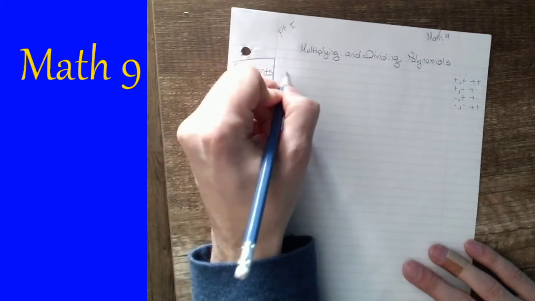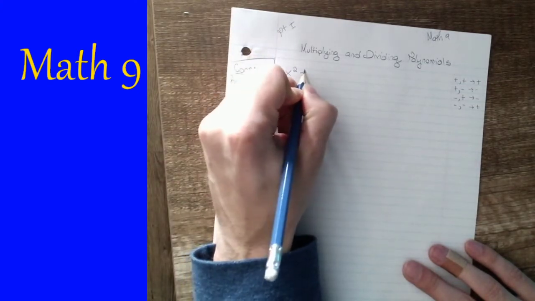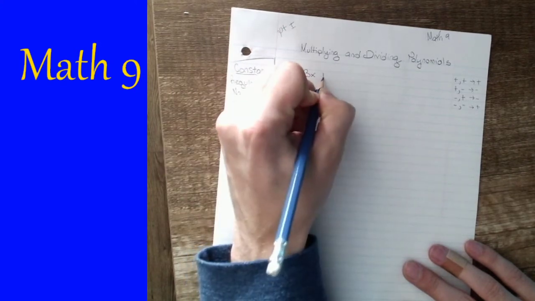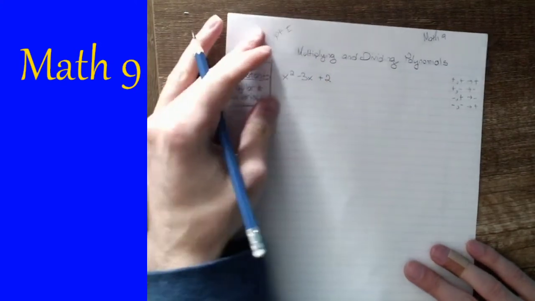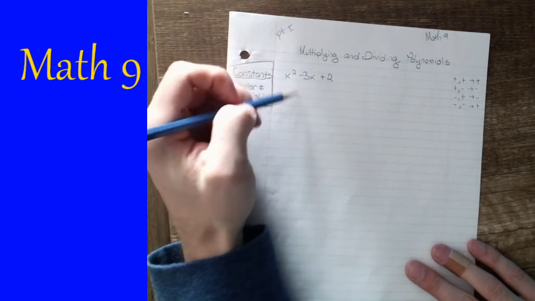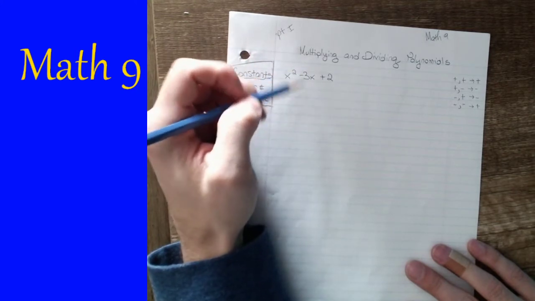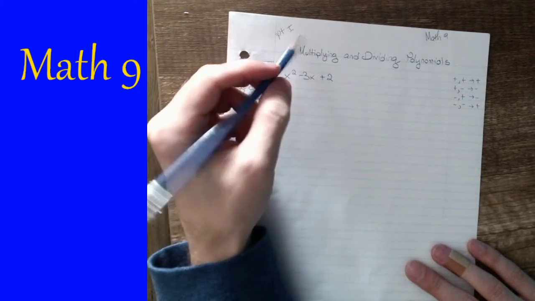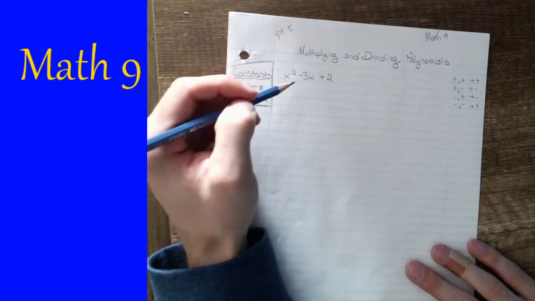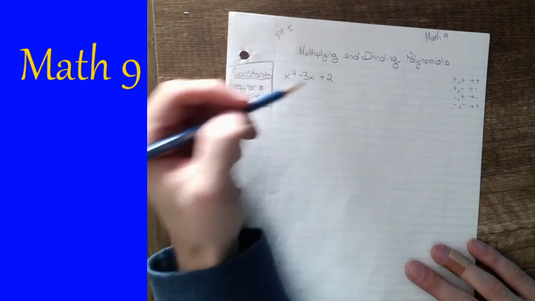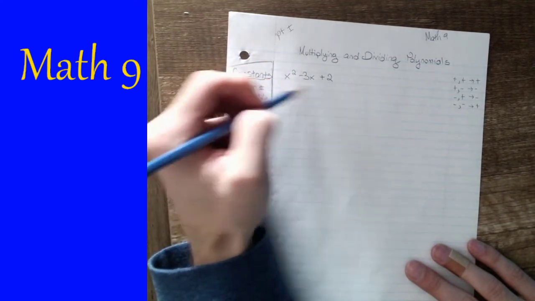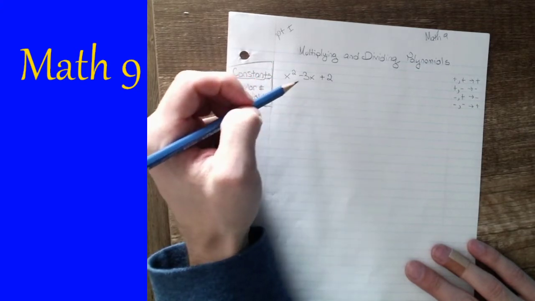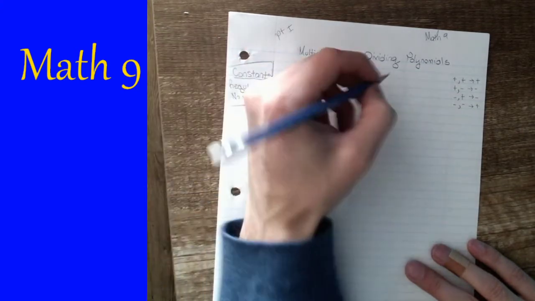So let's do our first example. We'll do x squared minus 3x plus 2. And before I get too heavy into the symbolic nature of multiplication and division, I'd like for us to draw the algebra tiles that would represent this expression.